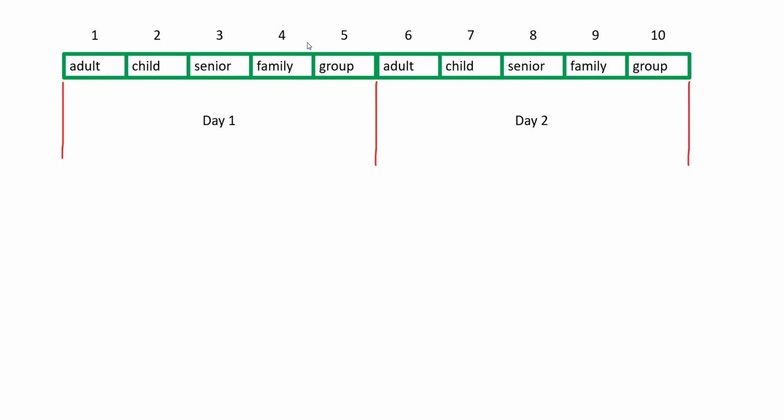Why 10 elements? Number 1, 2, 3, 4, 5: these first 5 options I am using for day 1. Adult is number 1, number 2 child, number 3 senior, number 4 family, number 5 group. This is day 1. In day 2, number 6 is adult, number 7 child, then senior, family, group.